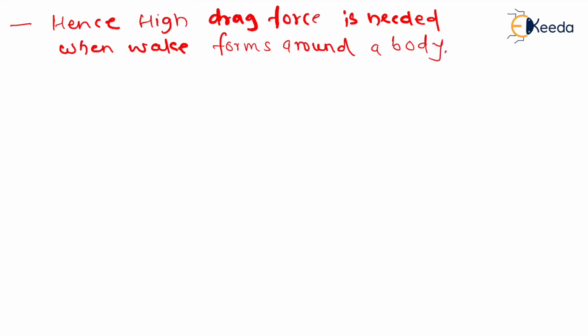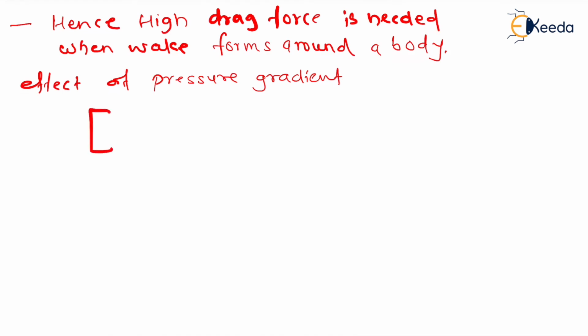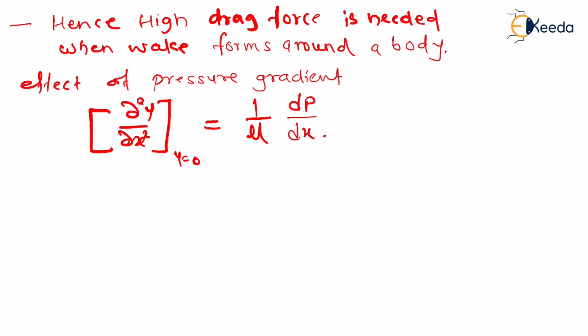Now let us discuss the various effects on boundary layer. So, effect of pressure gradient, we can consider an equation: del square u upon del y square at y equal to 0 is equal to 1 upon mu dp by dx.